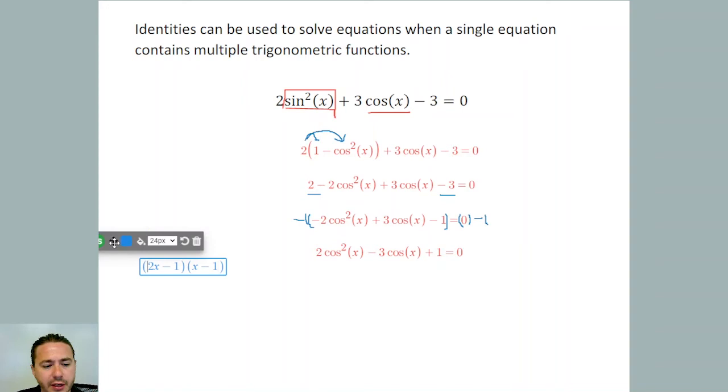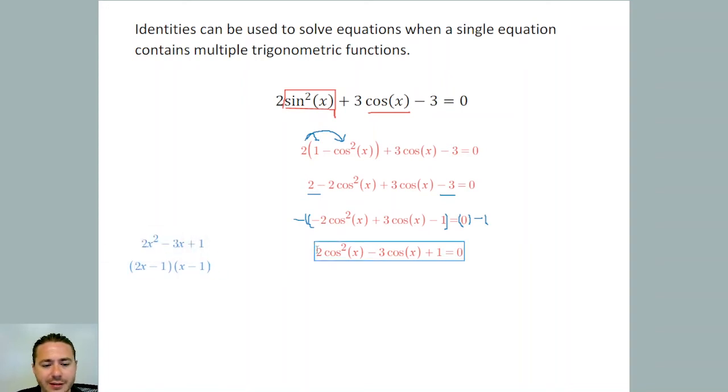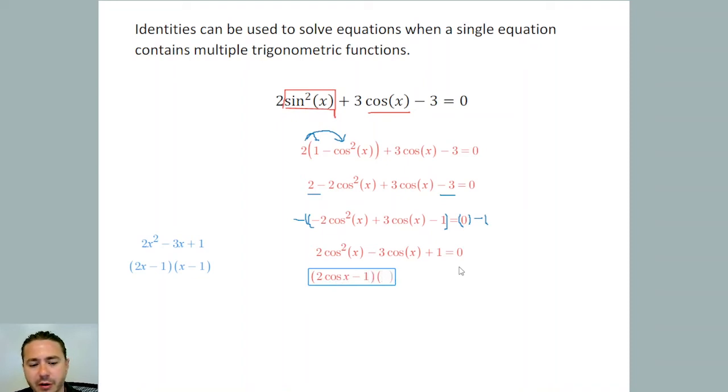So similarly, I'm going to factor this in the same way here, but I have cosine x instead of x. So this will factor as 2 cosine x minus 1, and because I've got all these parentheses, I'm going to avoid putting the parentheses around the x here, cosine x minus 1.